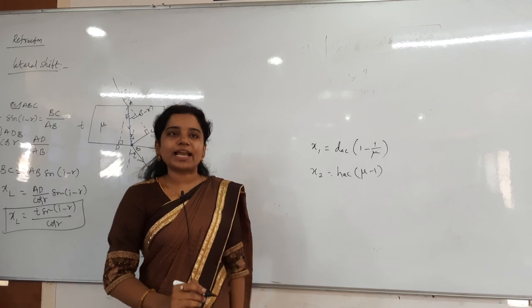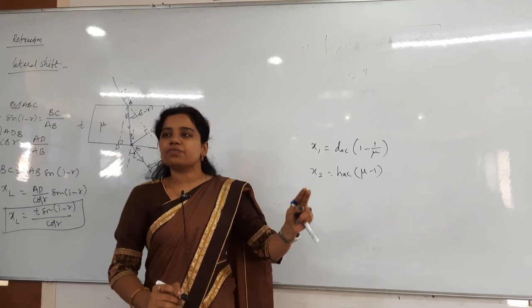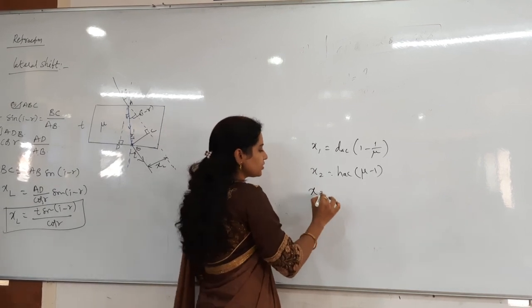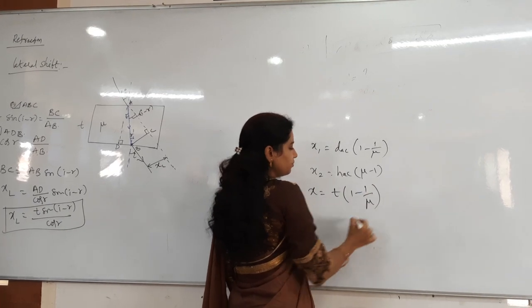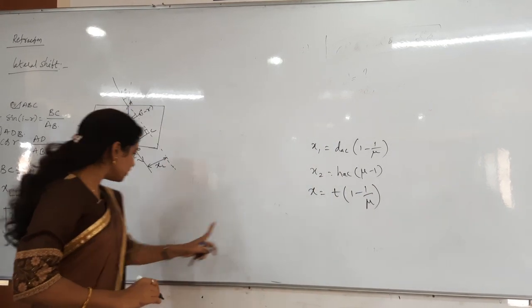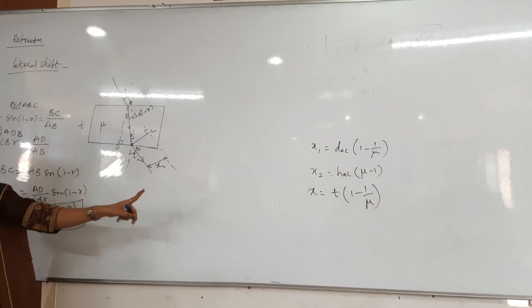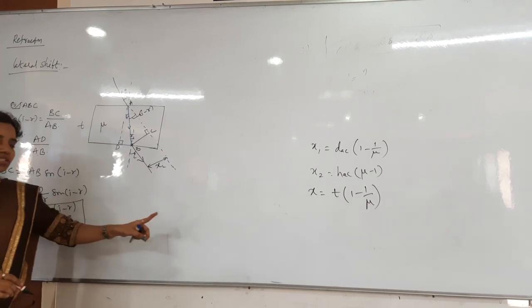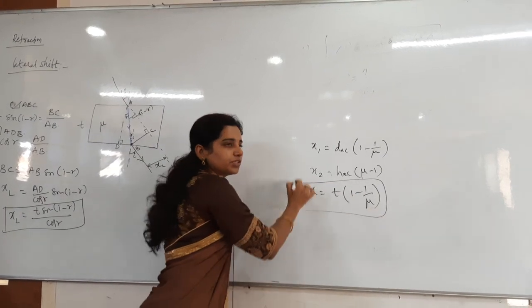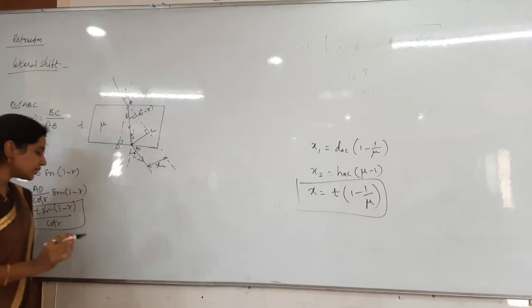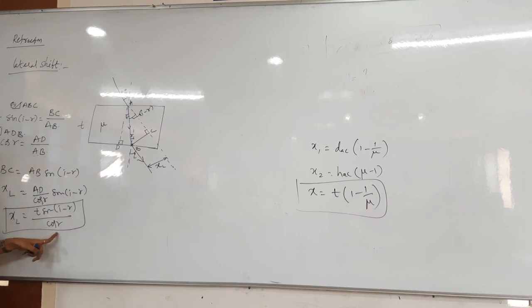If I take a glass slab of thickness T and refractive index μ, then X is equal to thickness into (1 − 1/μ). This is also the same formula, but whenever they mention the refractive index and thickness, you have to use this shift formula. Whenever they mention the angle of incidence, angle of refraction and the thickness, at that time you have to use this formula. Clear? So this is the lateral shift.